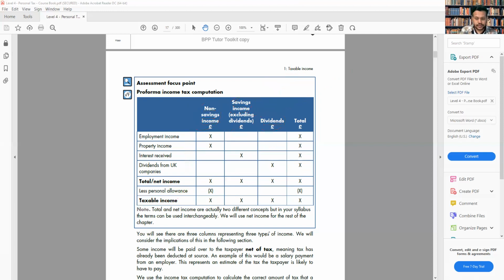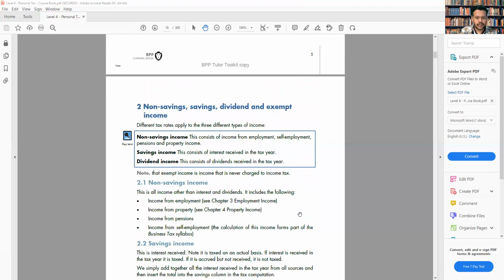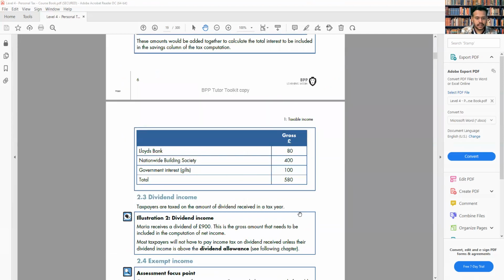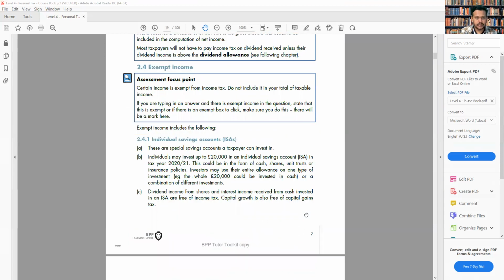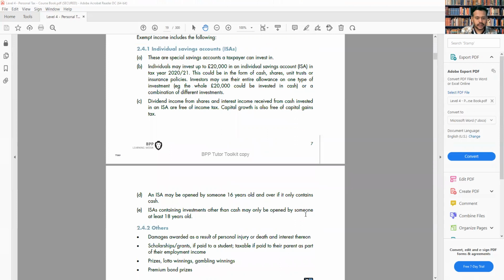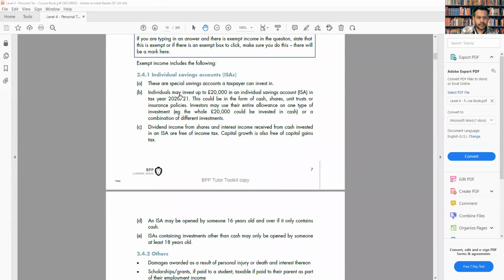All right, let's move to the next one. Let's have a look at what we have here, and let's see if we can do one example. There are some rules here. Let's quickly read that for the individual savings income. These are the special savings accounts a taxpayer can invest in. An individual may invest up to 20,000 in an individual savings account in tax year 2021.